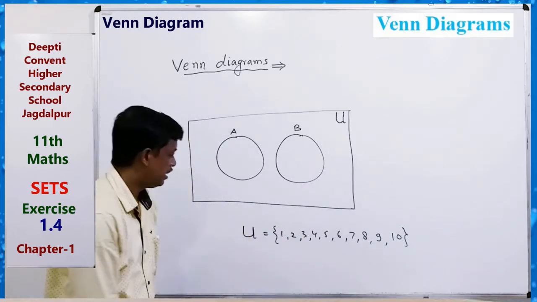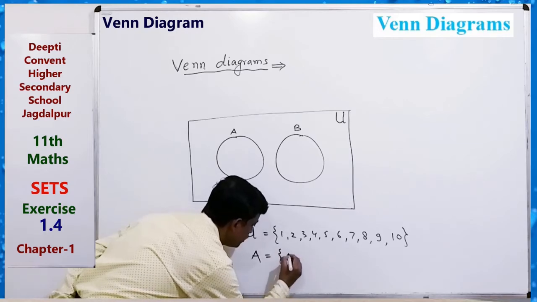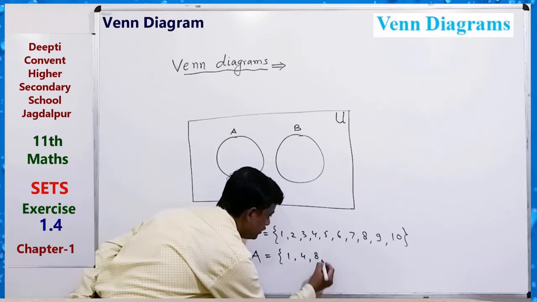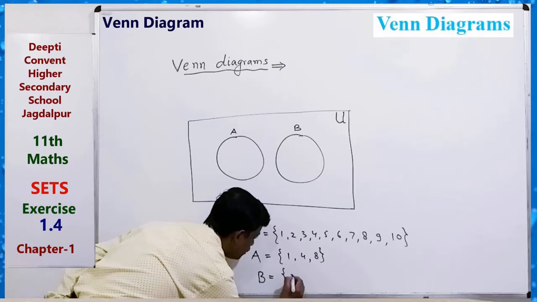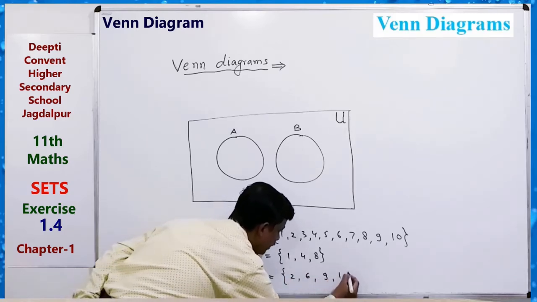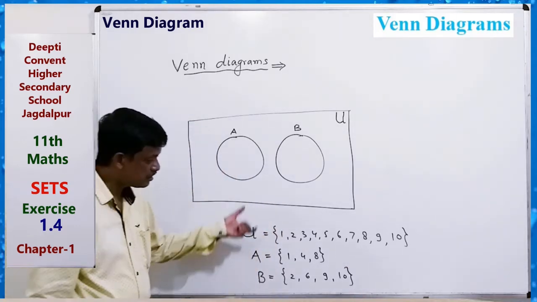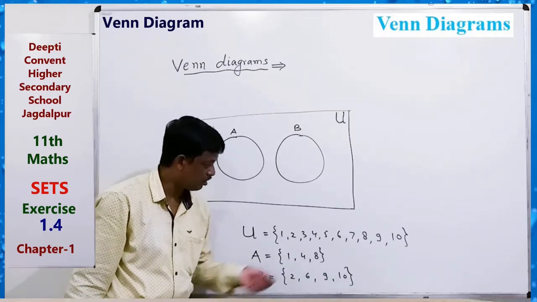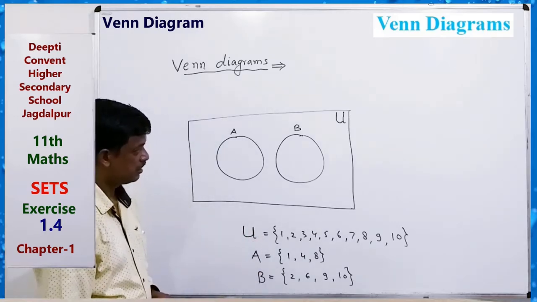That means set A is 1, 4, 8, and set B is 2, 6, 9, 10. Then, because 2, 6, 9, 10, 1, 4, 8 are all elements of this universal set, this can be represented like this.